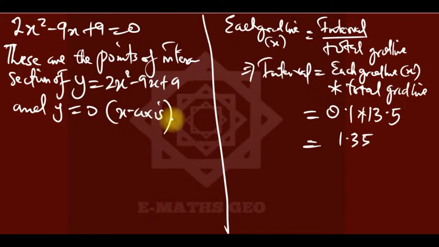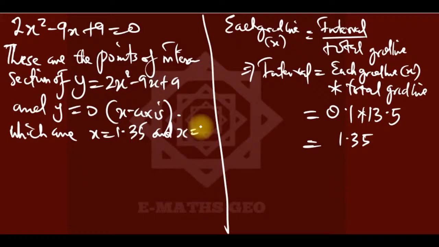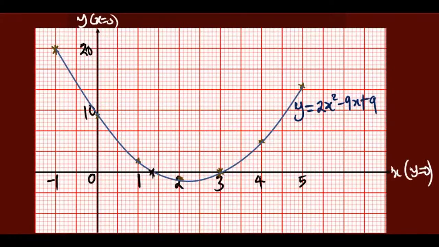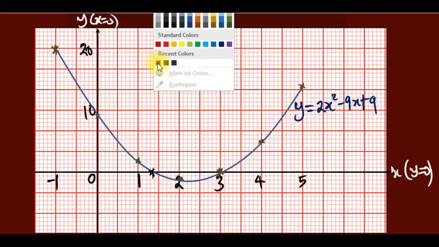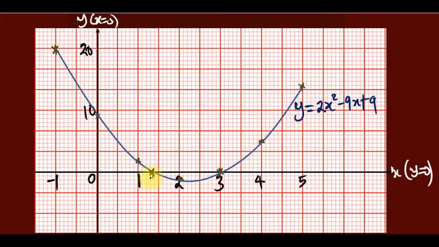So x equal to 1.35, and the second value is visible, which is 3. So from the graph, that's the value. That's the point A and the point B. That's our 1.35. So that's the first solution.